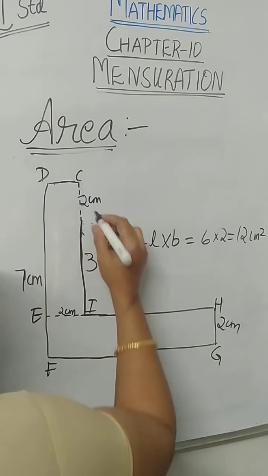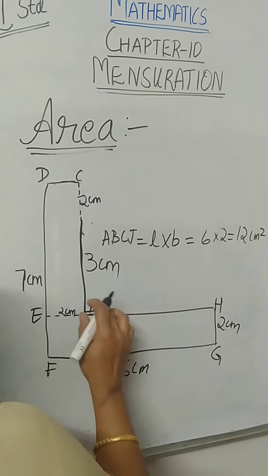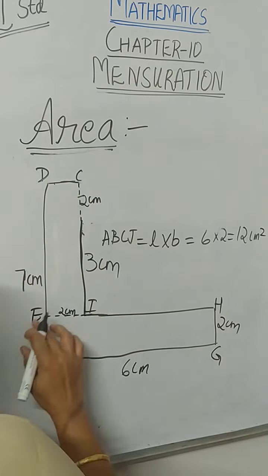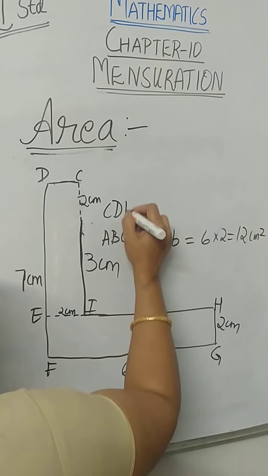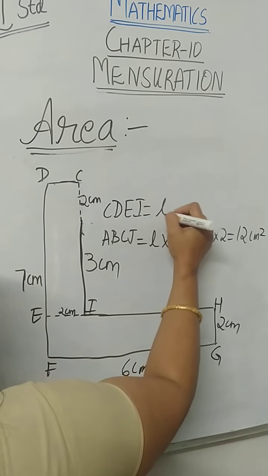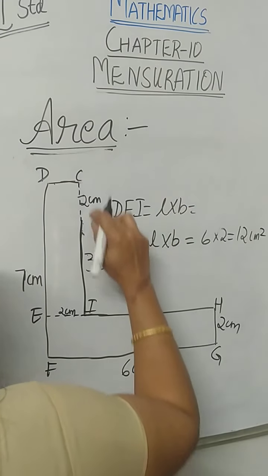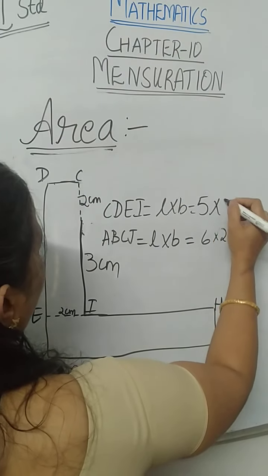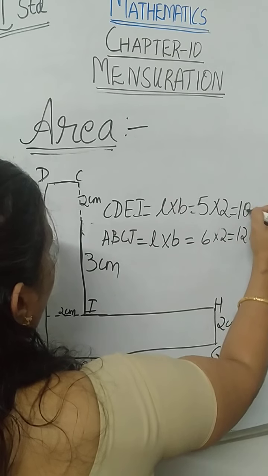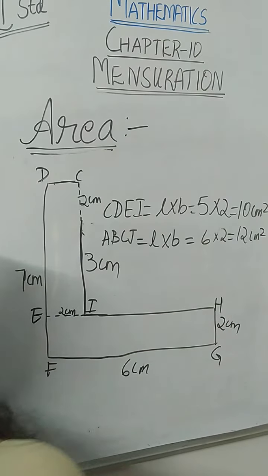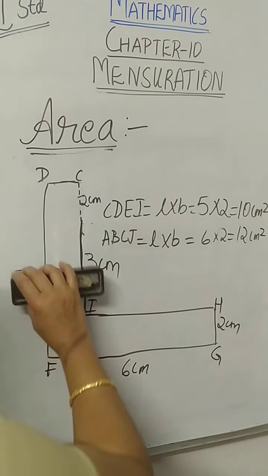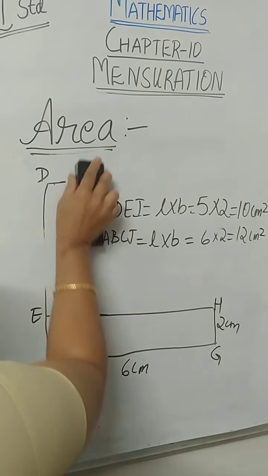So, it is 5 centimeter totally. So, what is the next rectangle? C, D, E, I. Length into breadth, that is 3 plus 2, it is 5. 5 into 2, length into breadth. 5 twos are 10 centimeter square. So, this one also we have calculated.